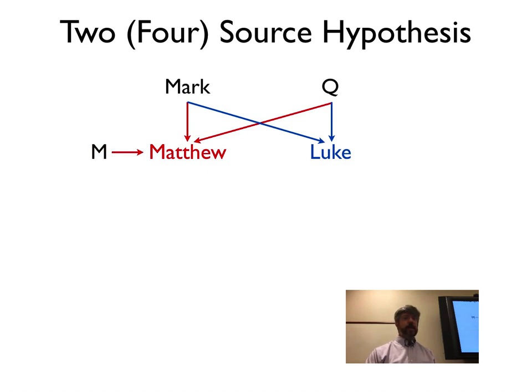And the reason why it's two and sometimes four source is that Matthew also has his own source for the material unique to Matthew, and Luke has his stuff unique to him.